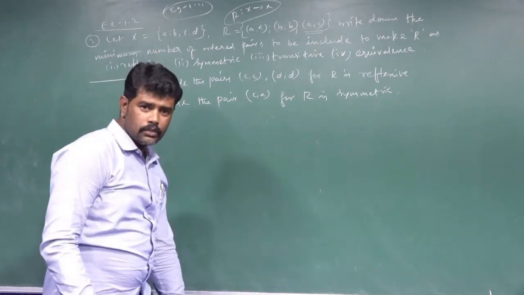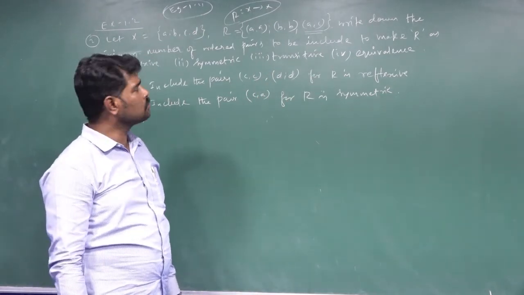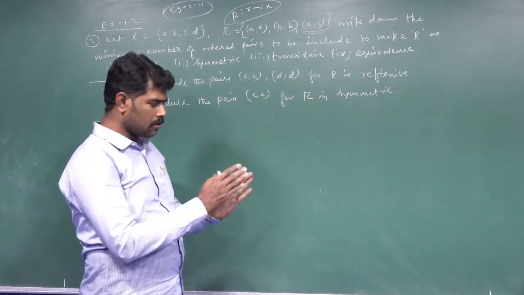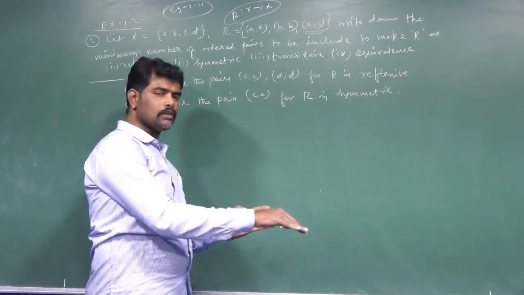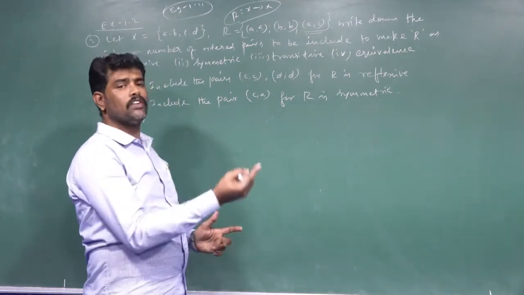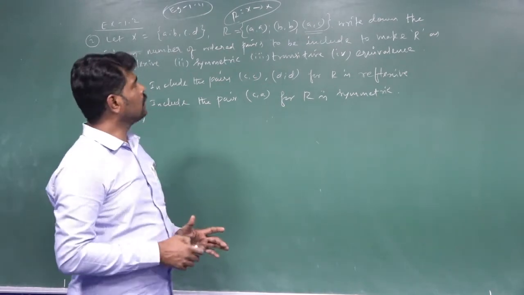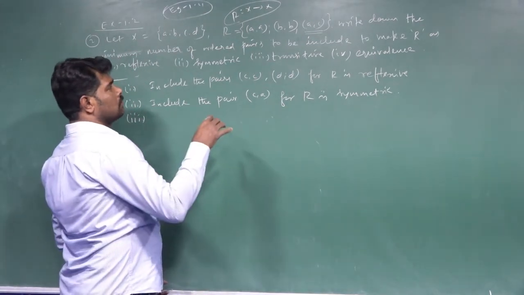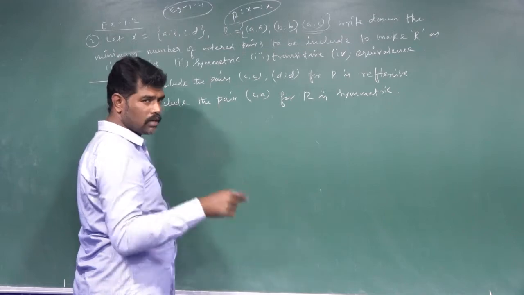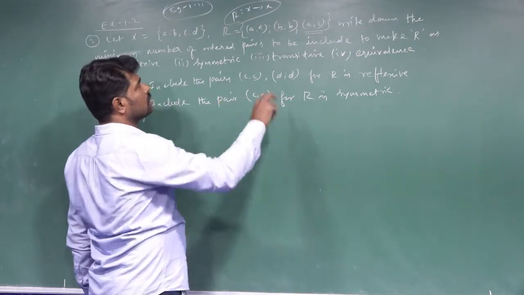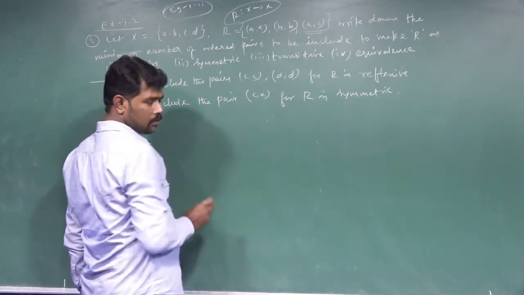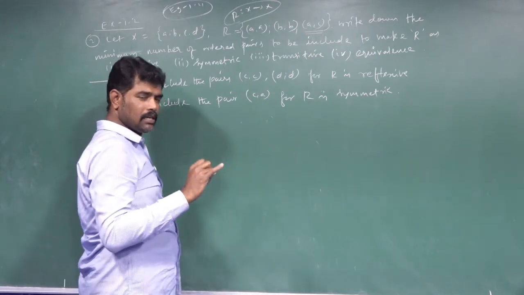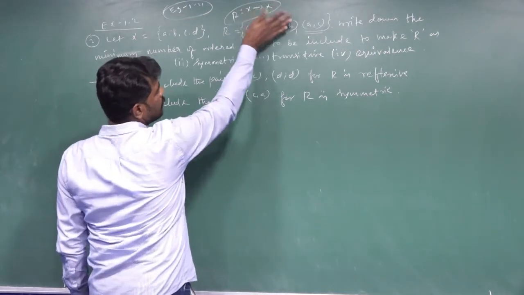Okay. Third one, transitive. What is the condition for transitive? If AB and BC both belong to the relation R, then we should verify for the pair A comma C. For the reflexive condition only, we should check the pairs AA, BB. For the conditions symmetric and transitive, we should remove these pairs.